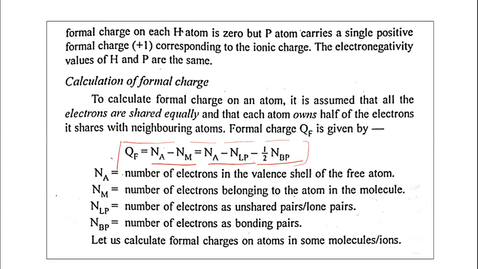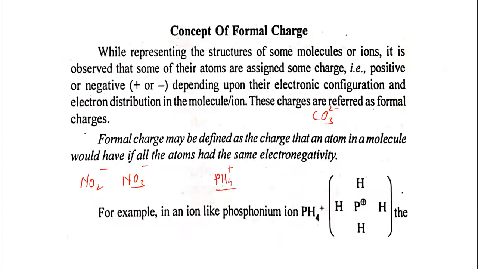So what is the formal charge? The formal charge is defined as the charge that an atom in a molecule would have if all the atoms had the same electronegativity.